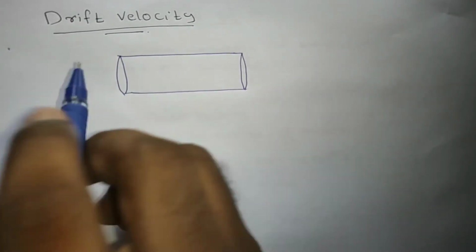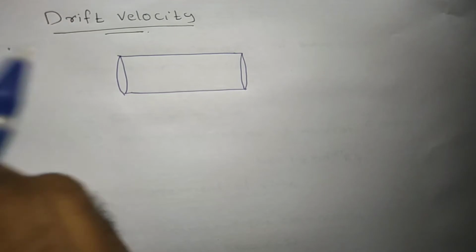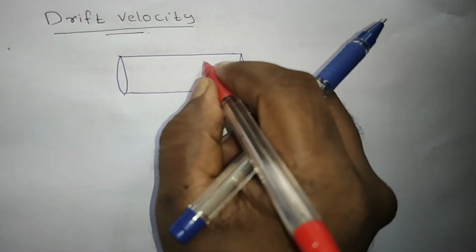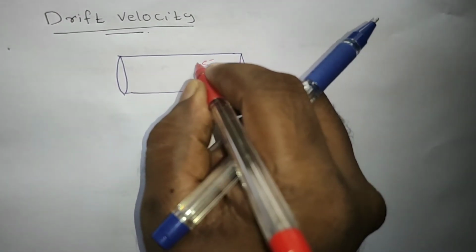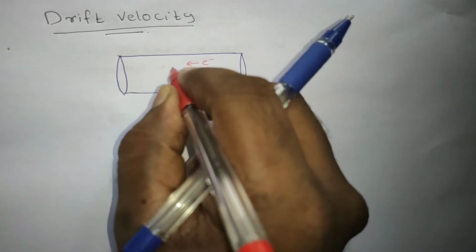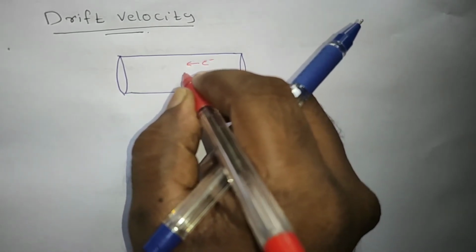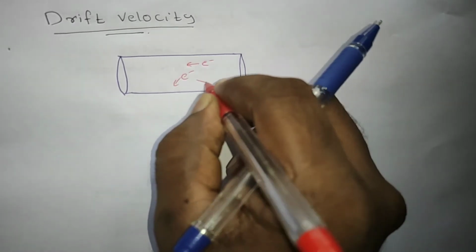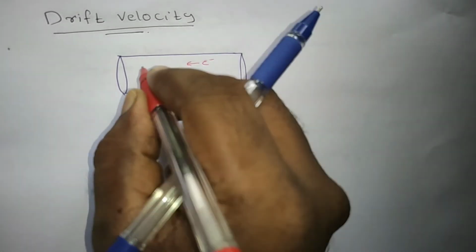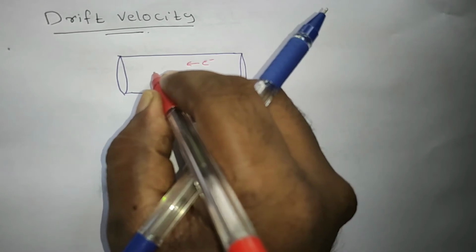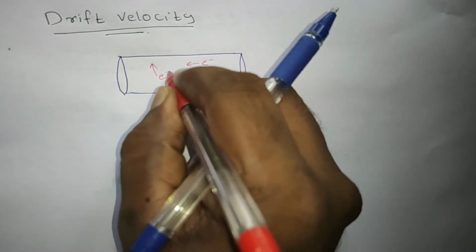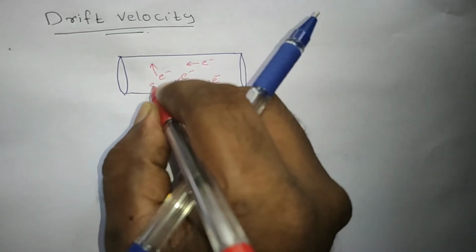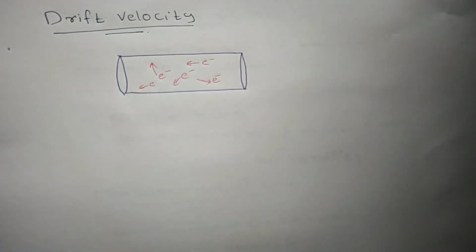These free electrons strike a positive ion and then move again, and they keep moving like that. In the absence of an external electric field, the electrons move in random motion. We already discussed that.